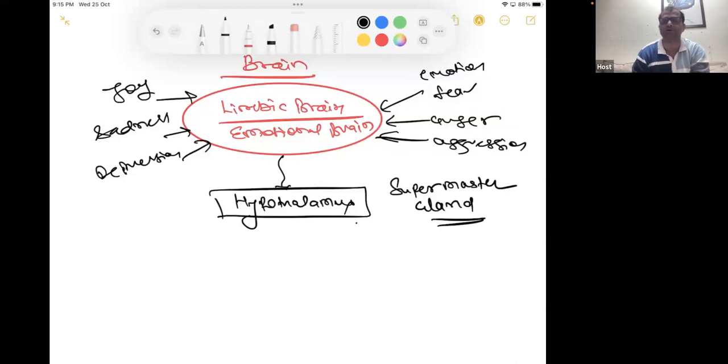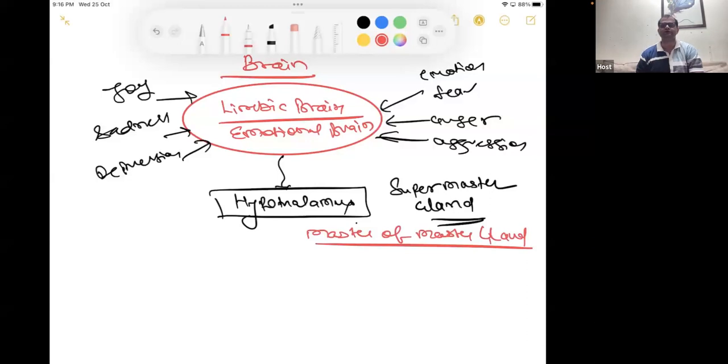Because it's under the control of the limbic system. Hypothalamus के ऊपर इमोशन का असर होता है क्योंकि यह लिम्बिक सिस्टम यानी इमोशनल ब्रेन के अंडर में काम करता है. इसे कहते हैं सुपर मास्टर ग्लैंड और मास्टर ऑफ मास्टर ग्लैंड, राइट? क्योंकि ये एक मास्टर है जो दूसरे मास्टर को कंट्रोल करता है. फाइन.